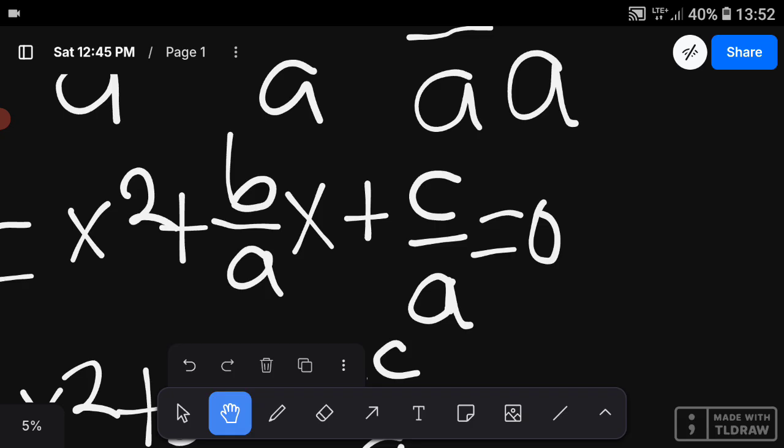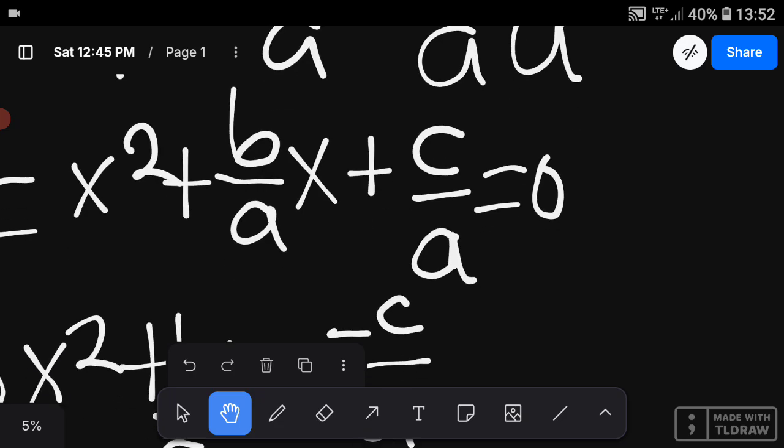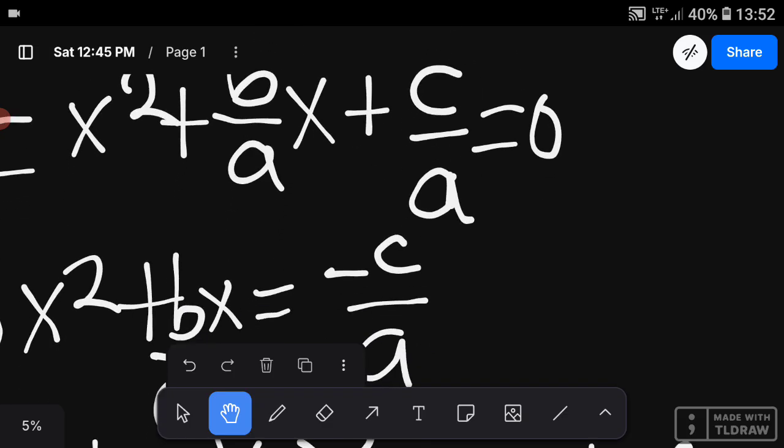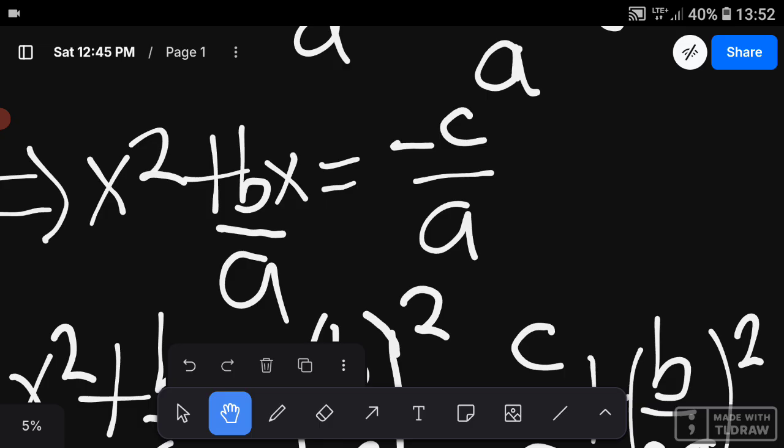Okay? And from there, we can move the constant c on a to the right hand side of the equation. If we do that, we are going to have x squared plus b on a x equals negative c on a.